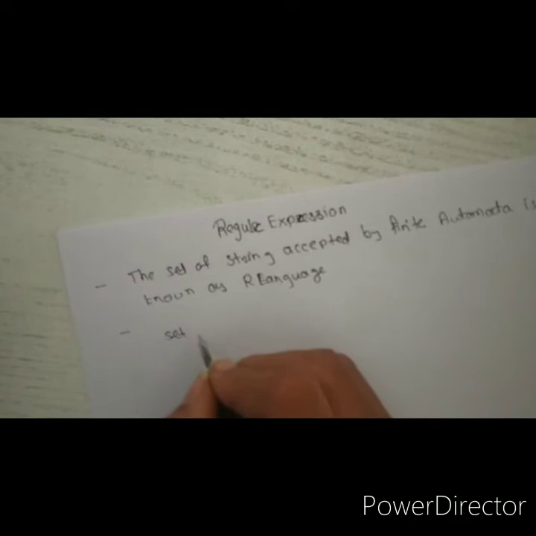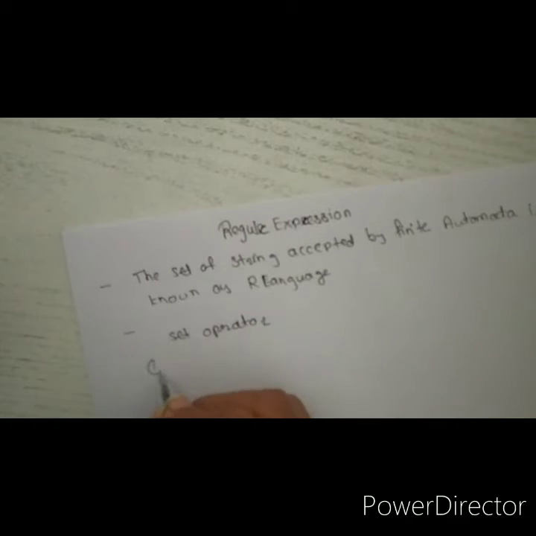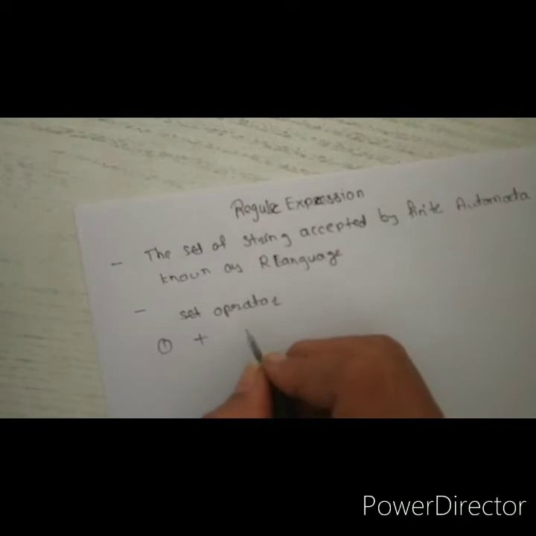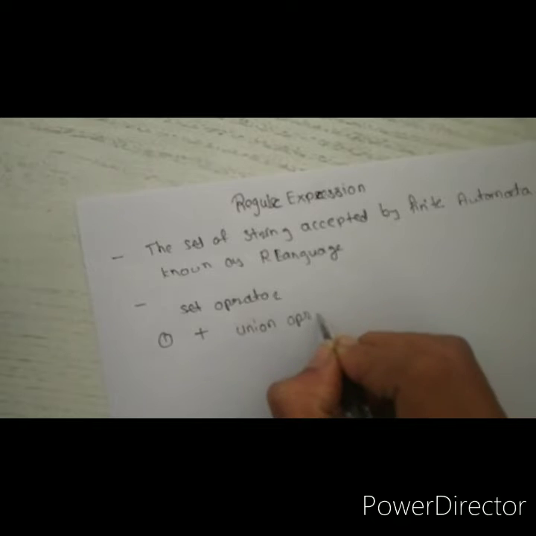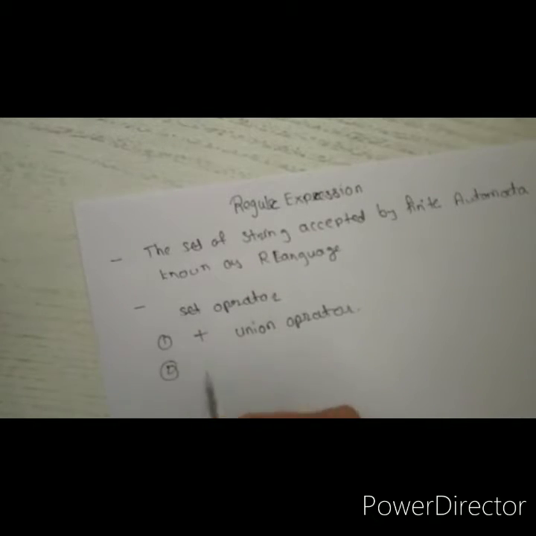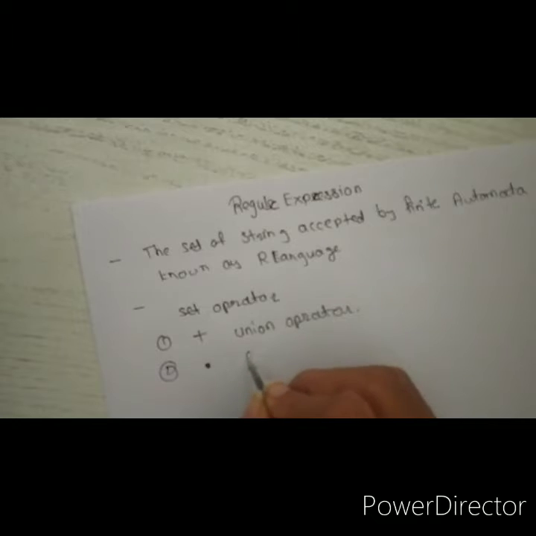So there is a set of operators. First one is the union operator, which we write like plus. Second one is the concatenation operator, symbol is dot.